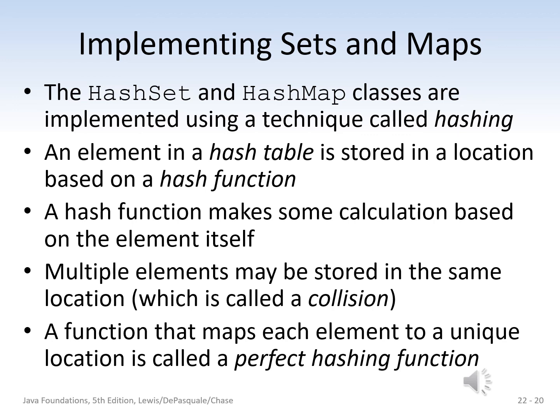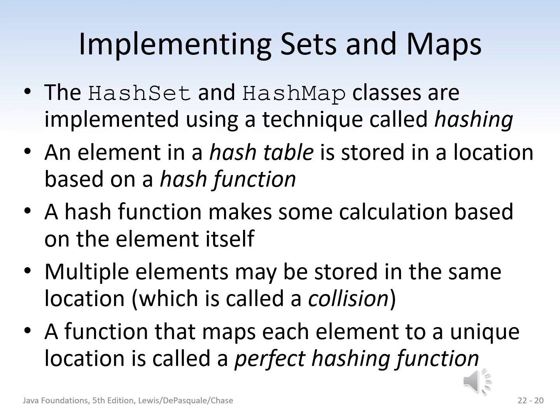When we're implementing sets and maps using hashing, we use the hash set and hash map classes. An element in a hash table gets stored into a location based on a hashing function.